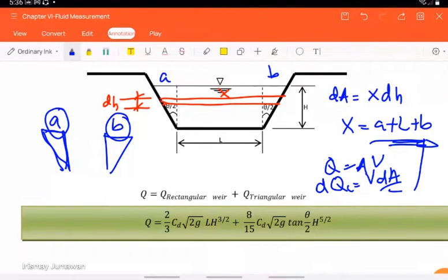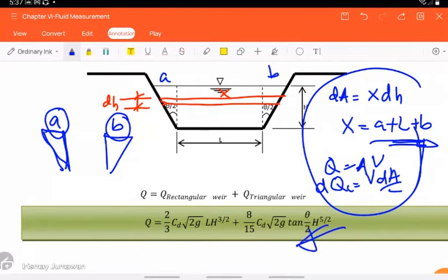You can try these solutions and then you can derive the formula. At least you will learn how to solve the formula.